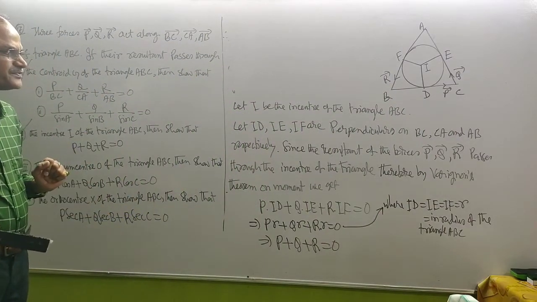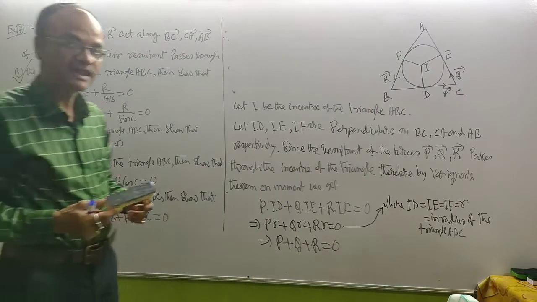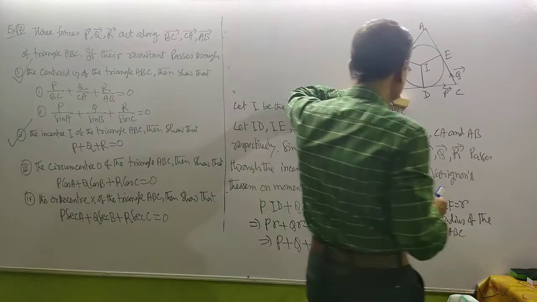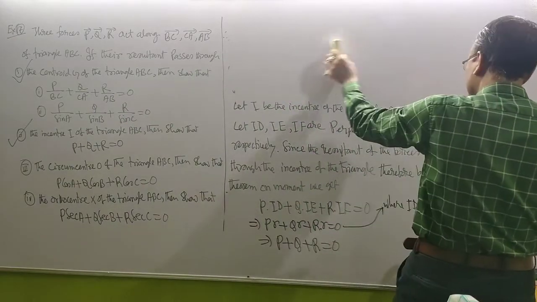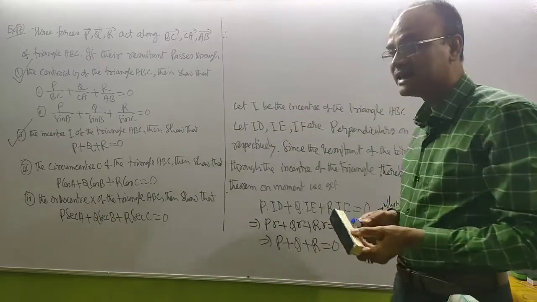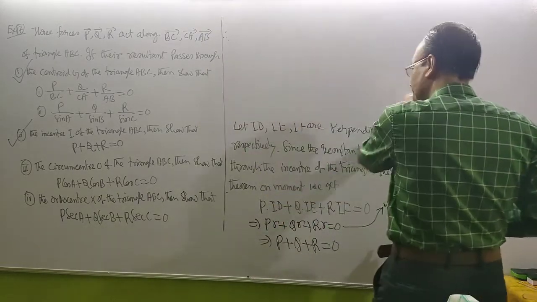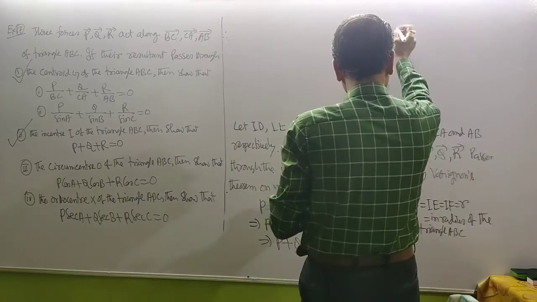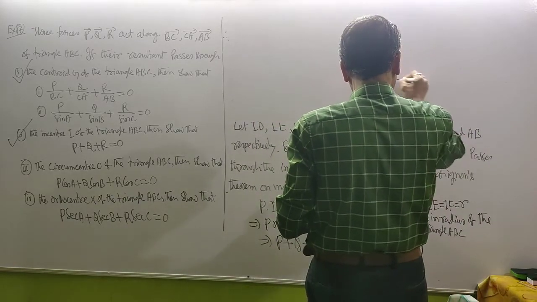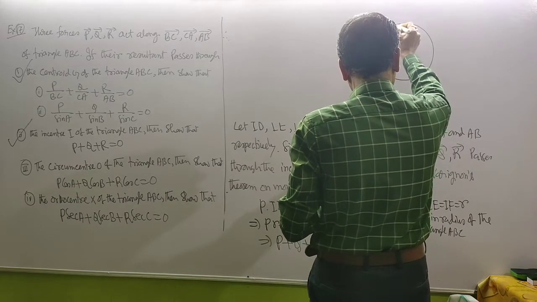Now come to the third question. Number 3: the resultant passes through the circumcenter of the triangle ABC.